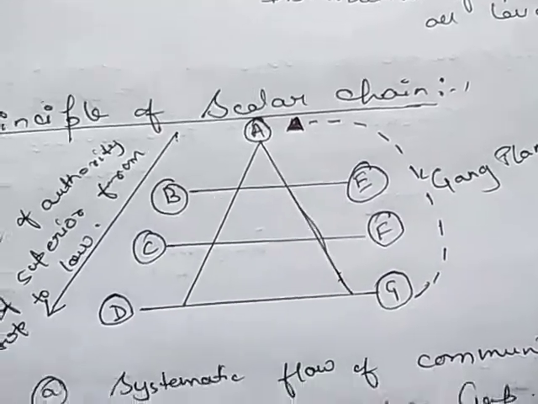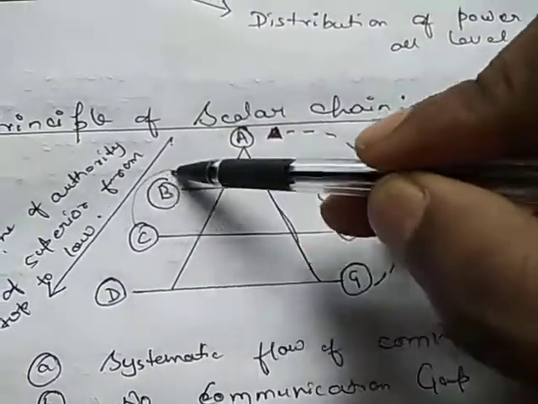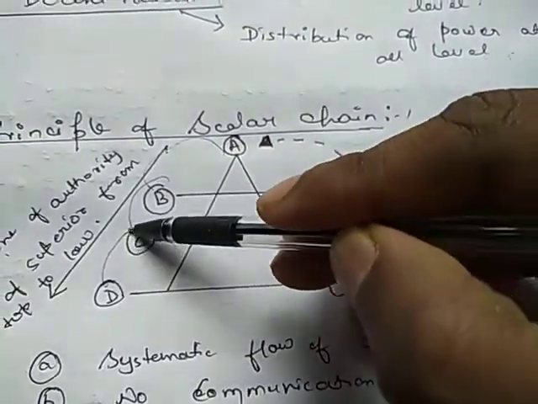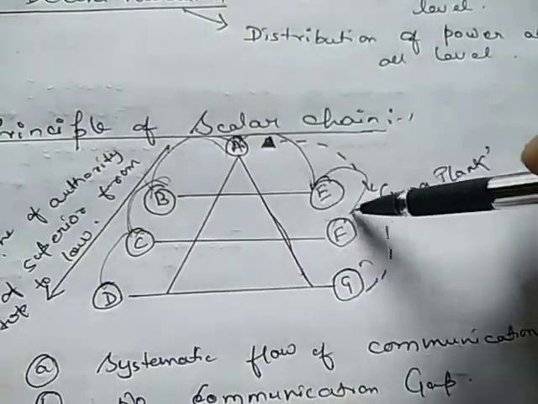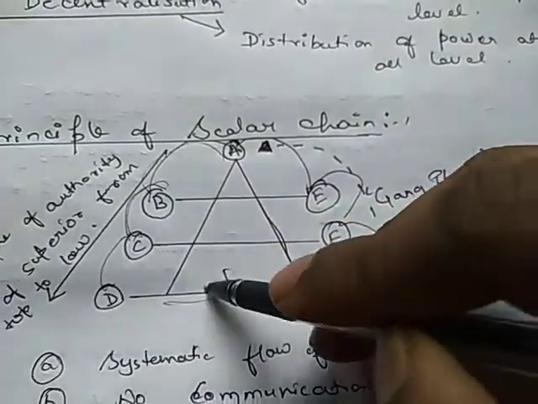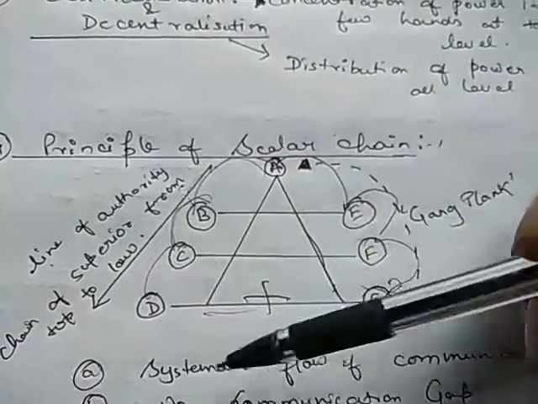So even if there is production, वो production वाले अपने production वाले से ही बात करेंगे. If D has to give something to G, D will tell to his boss, this will go to him, he will tell to the A, and this is how the communication will pass. This direct communication cannot take place because of scalar chain, that is the line of authority has to be followed.